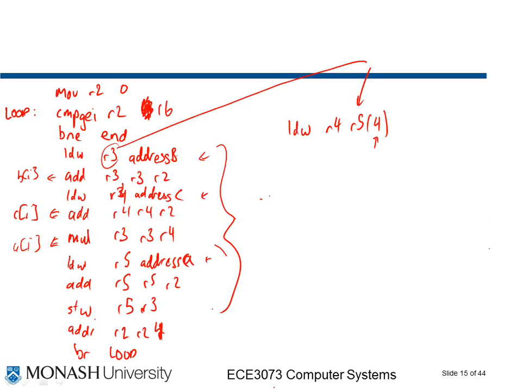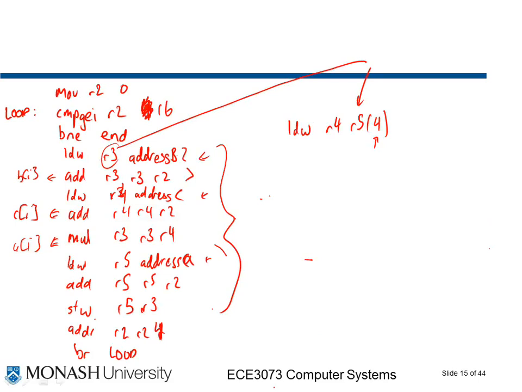I wouldn't have to repeat those two lines. I can shrink them down from four lines to three, and so on. So there are various optimizations you get from more and more loop unrolling.